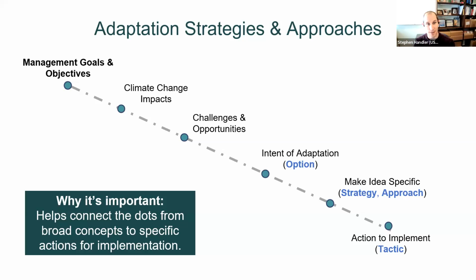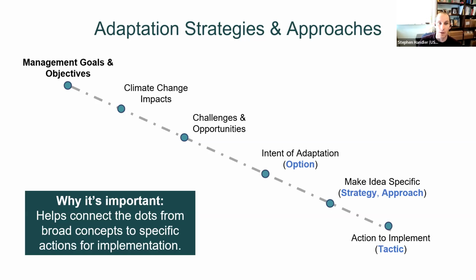You're going to be then using the adaptation menus to sort that general concept and turn it into something more specific by selecting adaptation strategies and approaches from the menus. And then that is a springboard for you to write your own tactics that will be implemented.